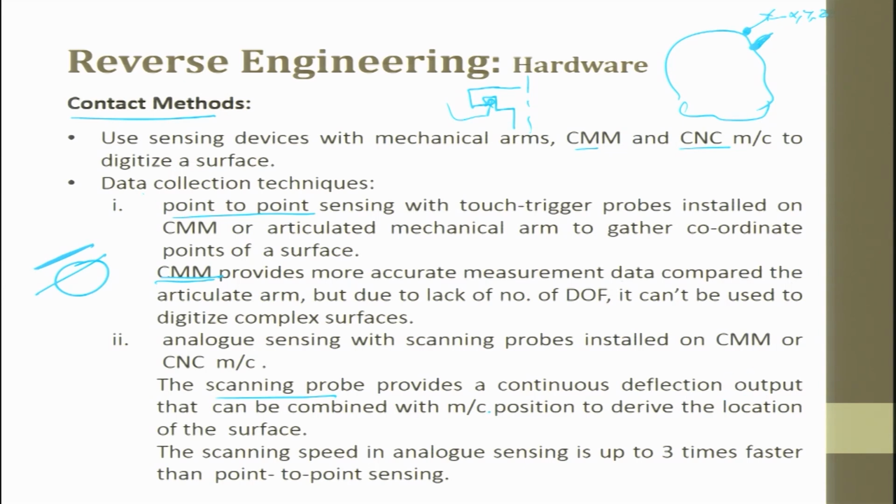The scanning speed of analogous sensing is up to 3 times faster than point to point. So, you should understand, analogous sensing scanning speeds are 3 times faster than point to point sensing.